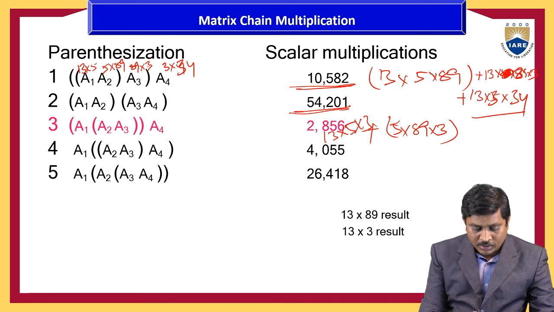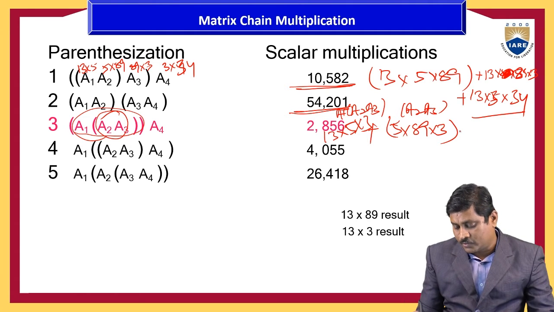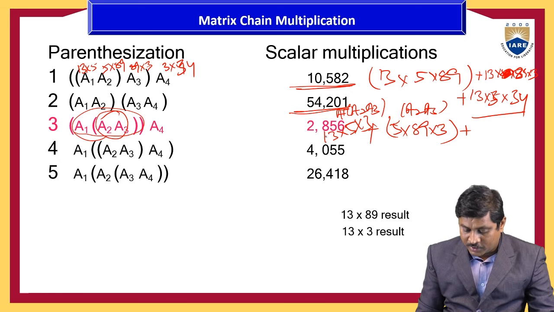This is the A2, A3 value, and this is A1 into A2, A3. To multiply this total with A4, we get 13 into 3 into 34.